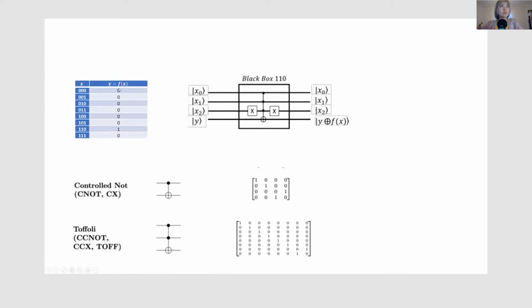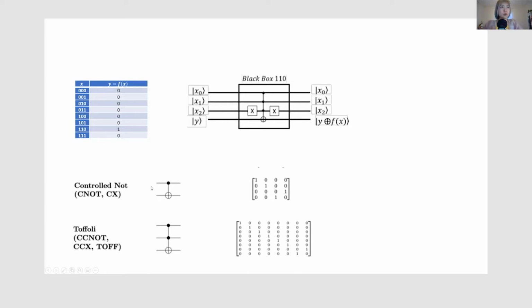And the label of that, so f of x, we expect it to be 1, and the other ones would output 0. In order to build a black box that would pick out 110, we need to construct this kind of controlled gates.